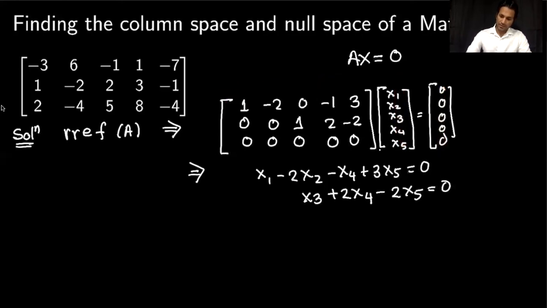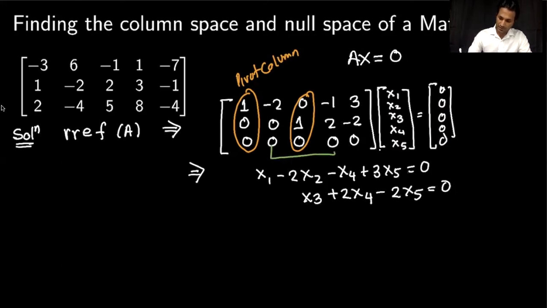Now we're going to identify what our pivot columns are. So this is our pivot column, and this is our pivot column. So these two are pivot columns. The columns which are not pivot are also going to play a very important role.